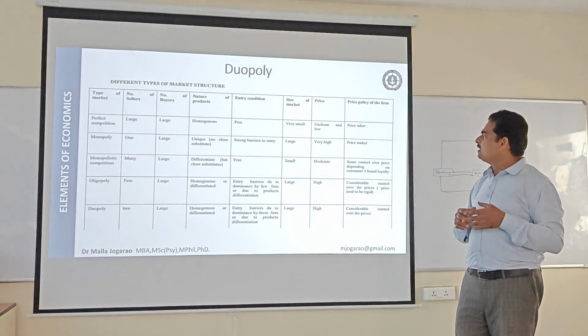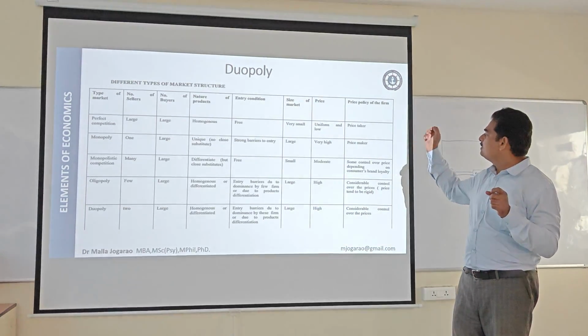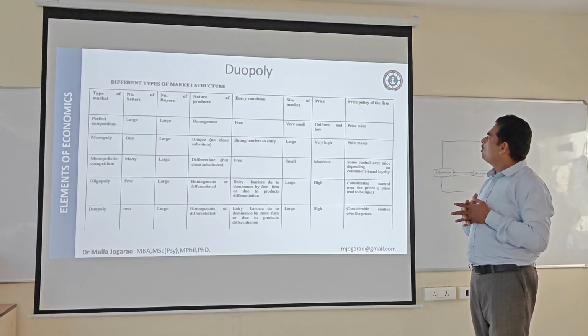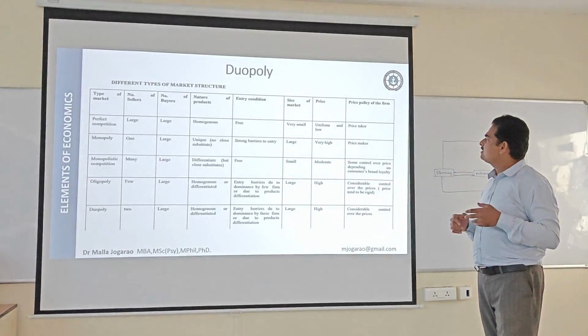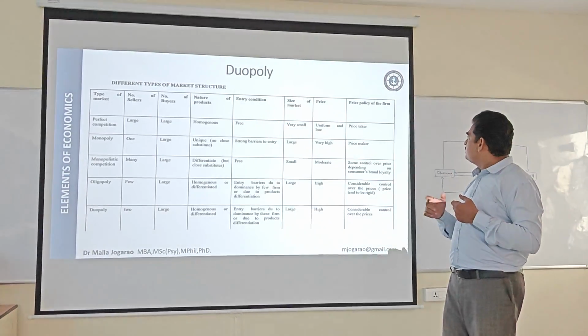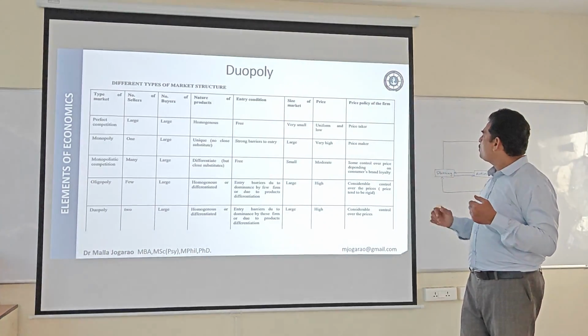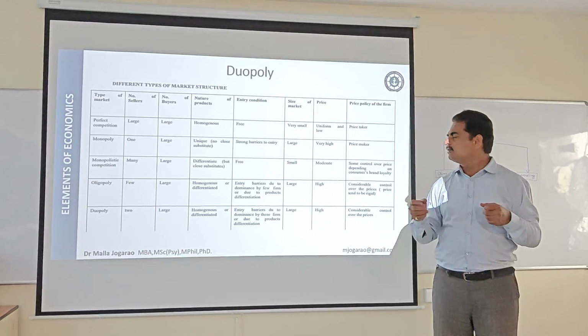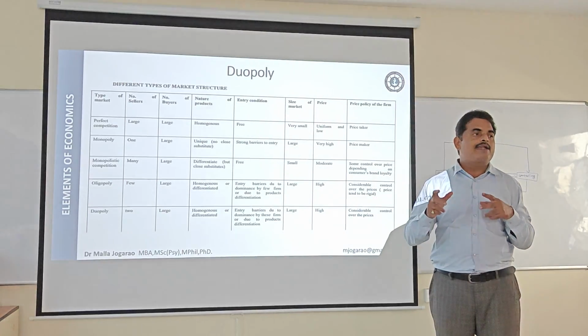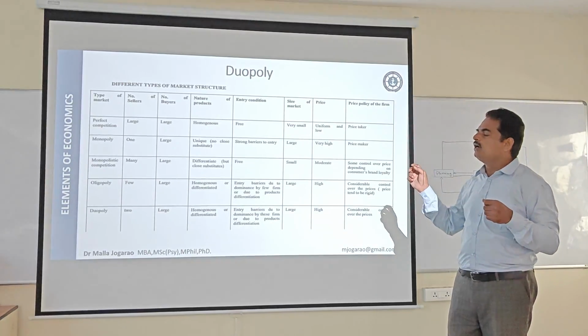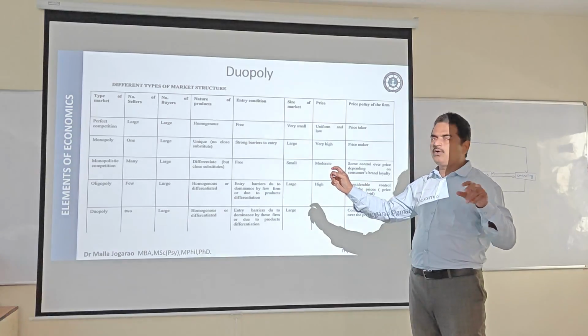The size of the market here is very small, and the price in this monopolistic market is moderate. The price policy here is some control over the price depending upon consumers' brand loyalty. And coming to the oligopoly.